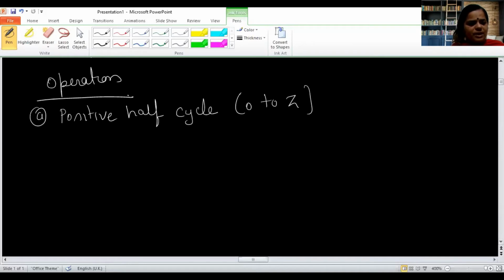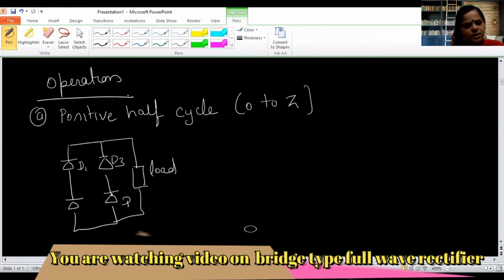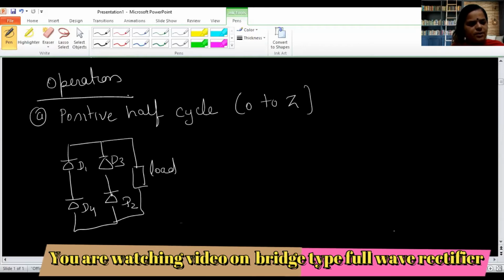What will happen when the positive AC supply is connected to the full wave bridge type rectifier? You can see that the diodes are connected like this. Here it is a load. This is D1, this is D3, diode D2, and this is diode D4.